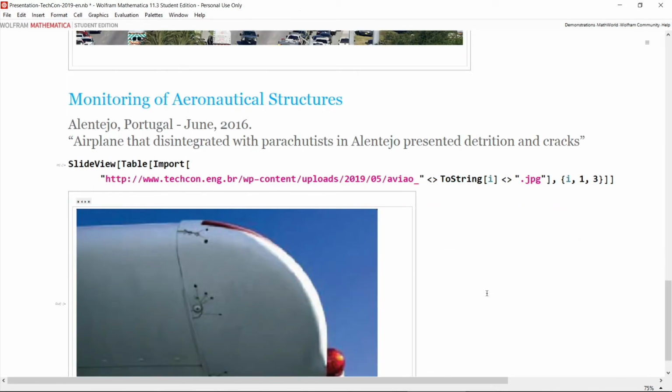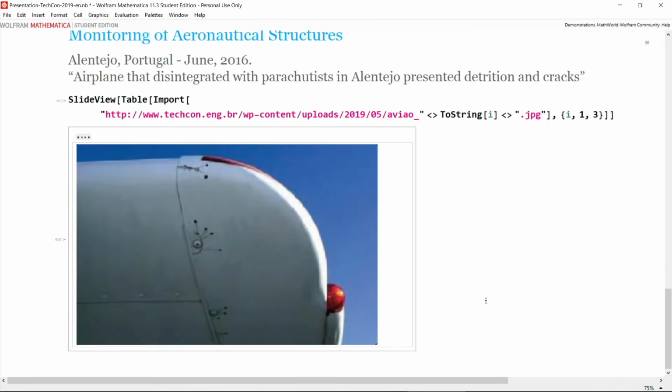Here we have another example. It is to show you that this method goes beyond civil structural engineering. This airplane disintegrated in the air, and cracks were also found before.